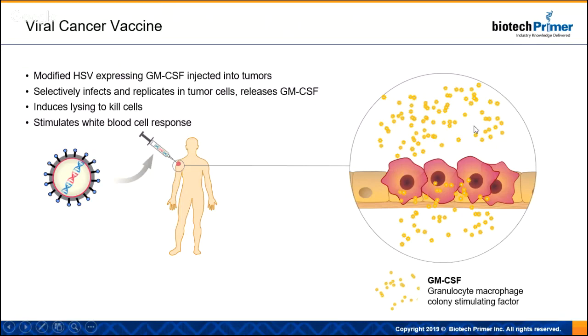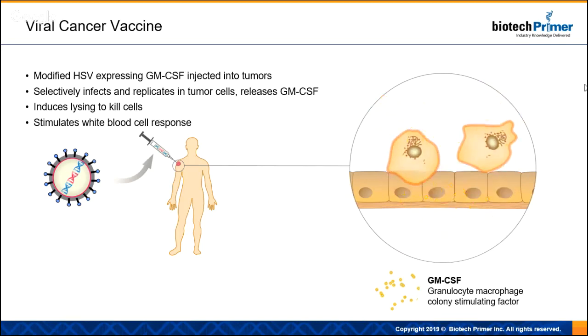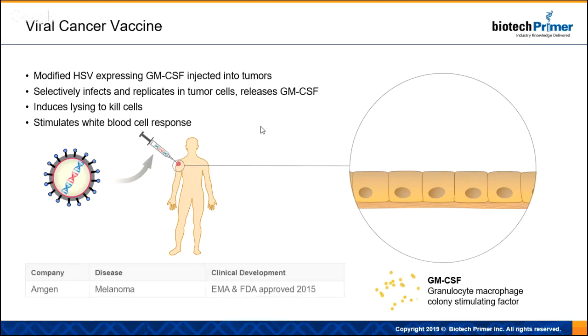It's also releasing these cytokines, shown here as these yellow dots, and these cytokines help to attract white blood cells to the area that also recognize that there's viruses replicating inside of these tumor cells. I better help get rid of those cells. So it really works in two ways: direct killing of the tumor cells, and then activating a strong white blood cell response against that tumor.